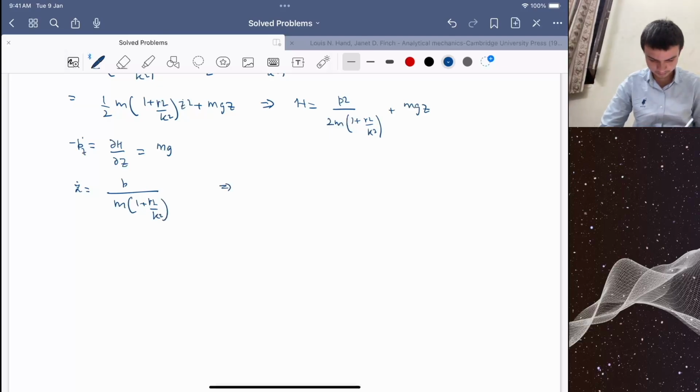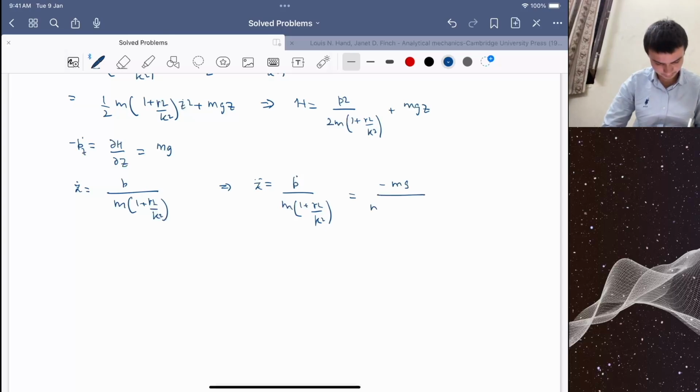This implies that z double dot will be p dot upon m (1 plus r squared by k squared), which is minus mg upon m (1 plus r squared by k squared). The m's cancel, giving minus g upon (1 plus r squared by k squared).